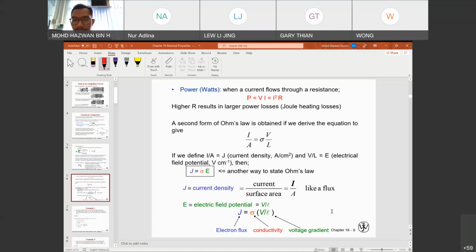So remember current density. I think later on you will learn this in the final topic on corrosion. You will hear about current density. So current density J, or small i, is current over surface area. Current alone is I. Current density is current over area. So the current density is equal to conductivity multiplied by the voltage gradient.